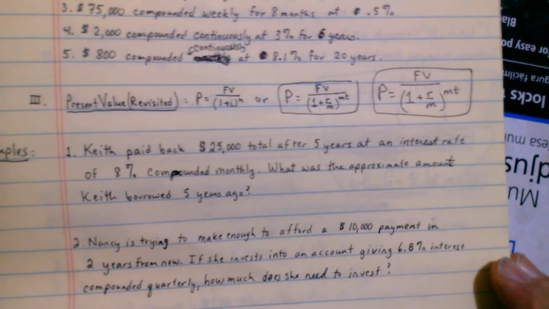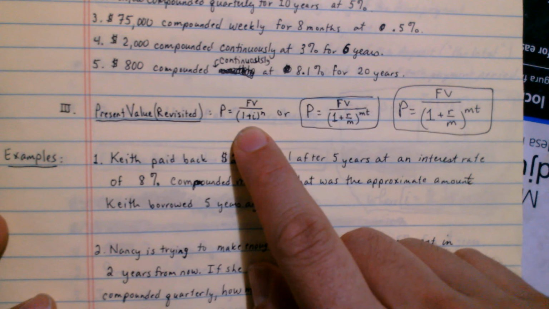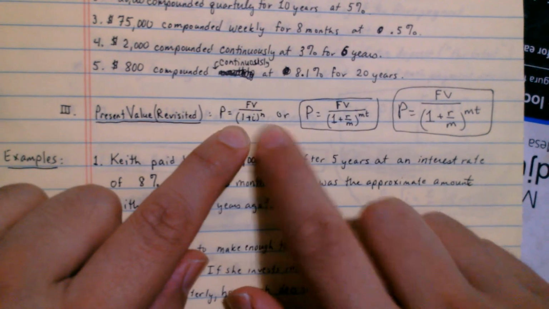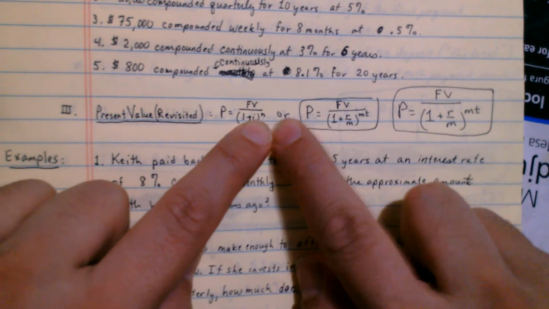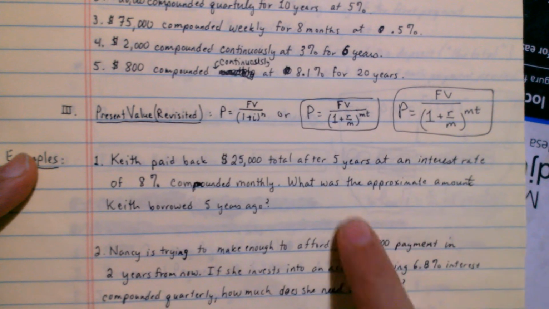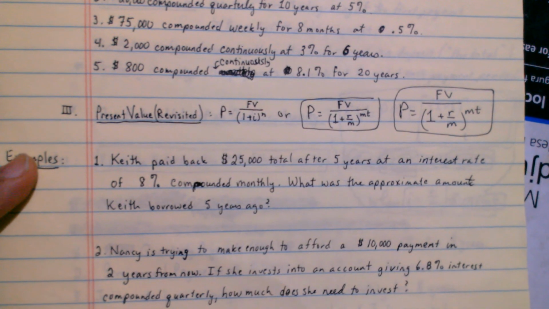I'm going to go to the bottom of the paper here. Present value is future value times 1 plus i over n, 1 plus i raised to the nth. But because i is r over m and n is m times t, I'm going to use this formula. So I have these 2 problems and then these 2 formulas. Let's see how that works.